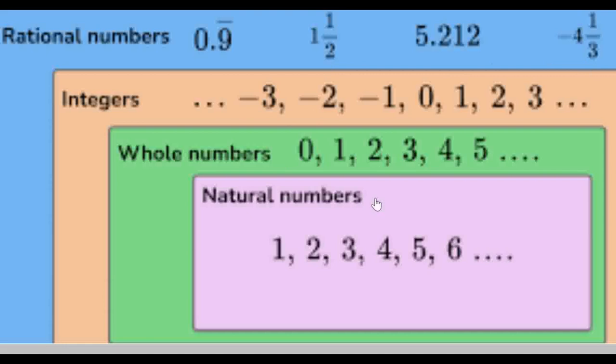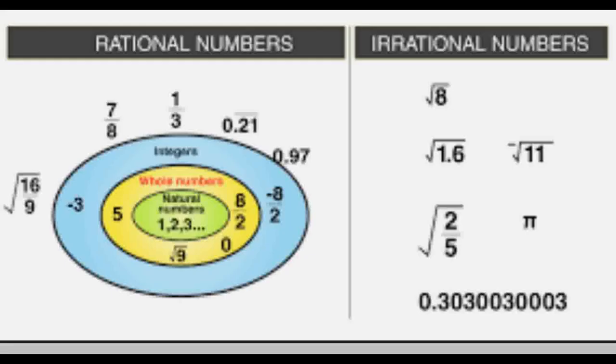Other than this, numbers are grouped as irrational numbers, meaning a number that cannot be stated as a terminating decimal, like the square root of 8, the square root of 2 over 5, or 0.303003.